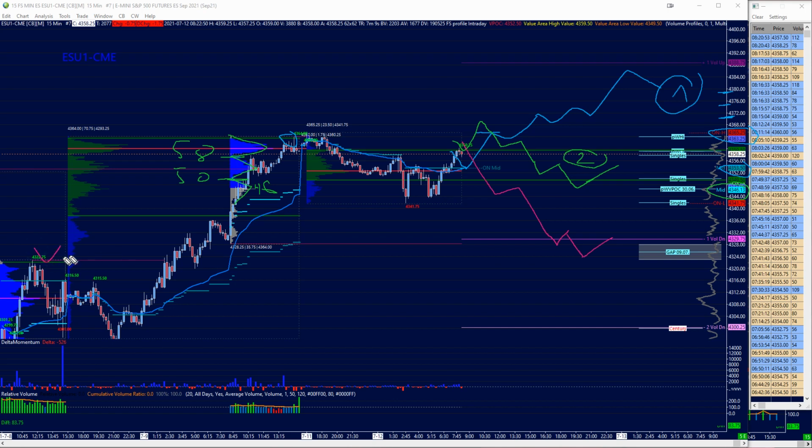There is your gap zone from 20 to 75 to 28, 25. So that's scenario 3.